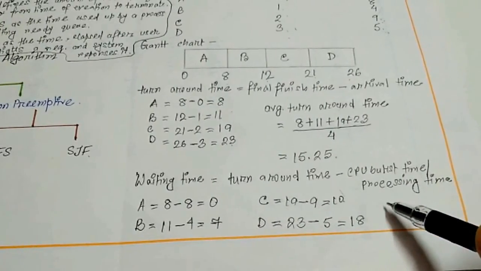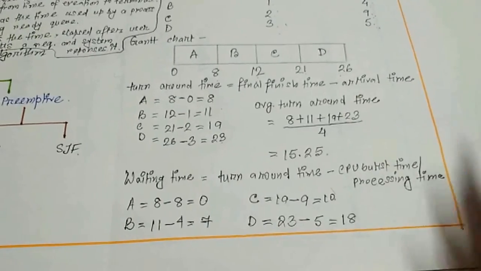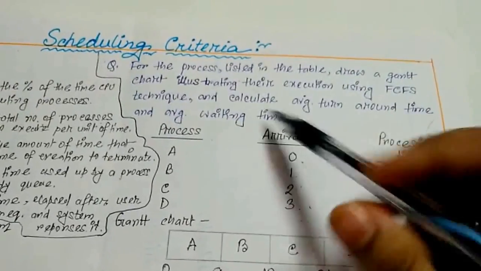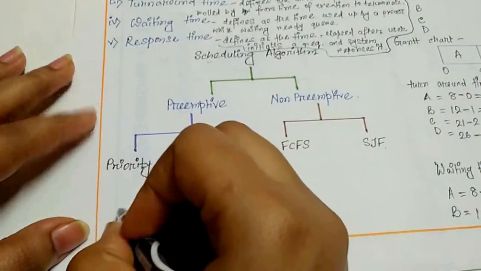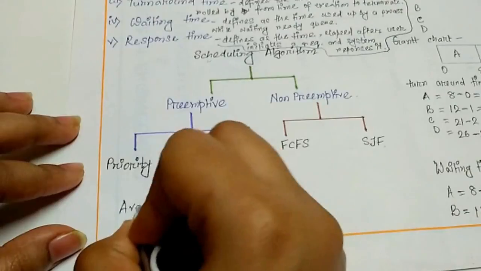Now we have the waiting times, and the question asks for the average waiting time. Sorry, I have very little space, so I am calculating the average waiting time here.